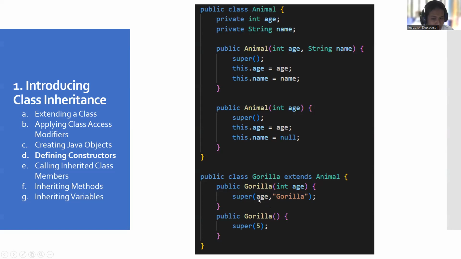It passes age and then "gorilla". So it will actually call this one. So it assigns the private age and name. Note that you can't access age and name in the child class, but since we are calling the parent class, it can do it here. If we are calling super with age and name here, it is actually calling this method.